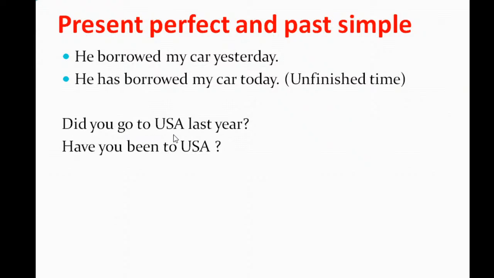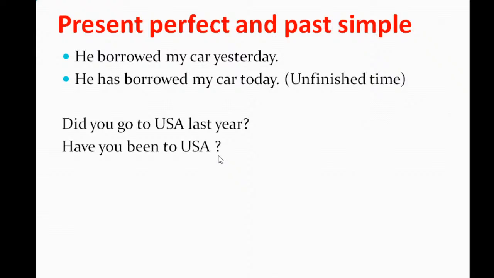Did you go to USA last year? It's a question, interrogative sentence. Did you go to USA last year? And in this form, present perfect form, have you been to USA? Have you been to USA? So this is again, it means that if you have not been to USA, there is still scope that you can still be to USA.